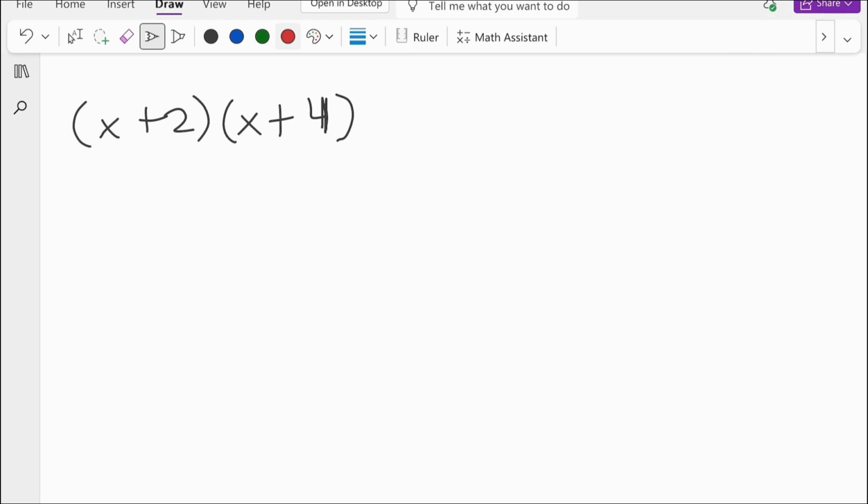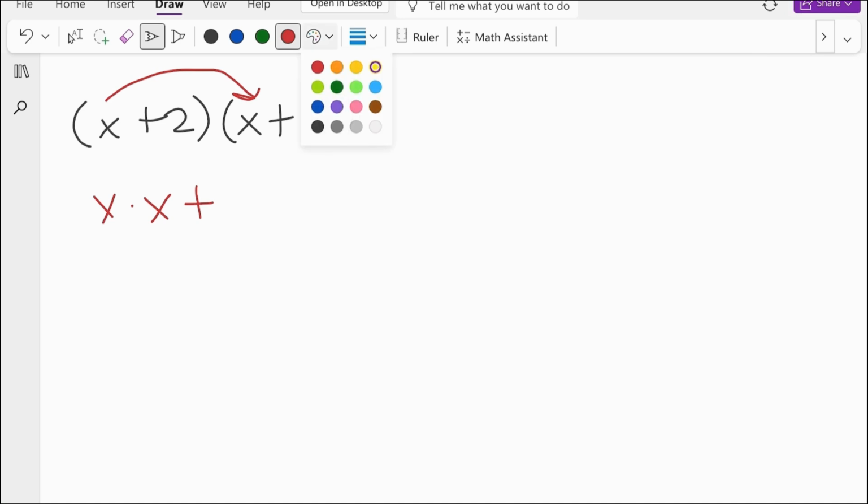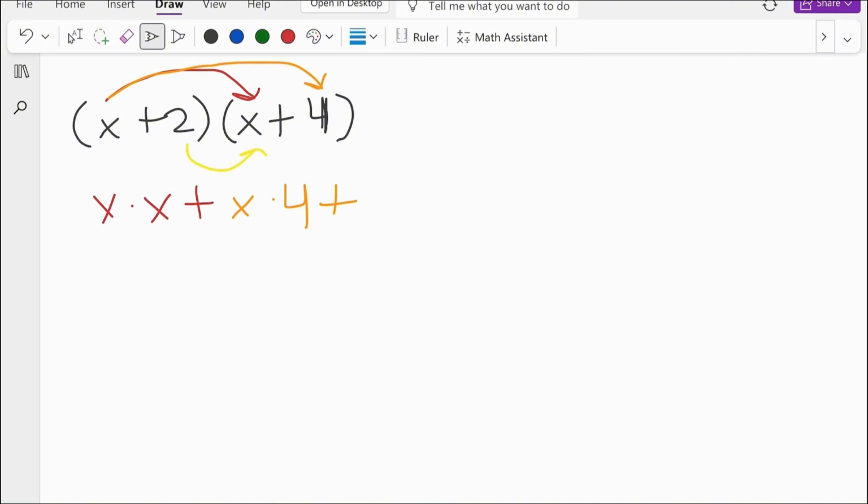So first, we're going to take the first, x times x, and then sum that with outer, x times 4, and keep adding it, and then inner, 2 times x. And then finally we have last, 2 times 4.